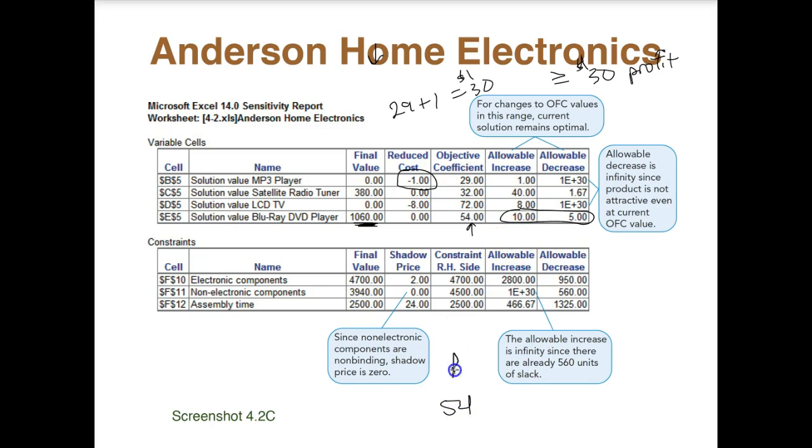So this profit here is currently at 54. We're allowed to go up to $64, but only allowed to go down to $49. So what this means for us in terms of our current price, our price can either go up $10 or down $5 from where we currently are.